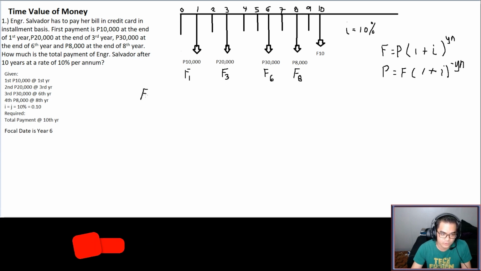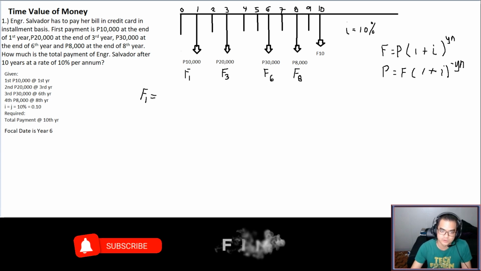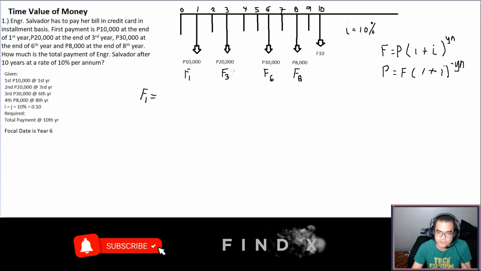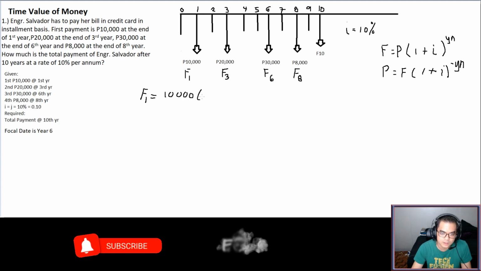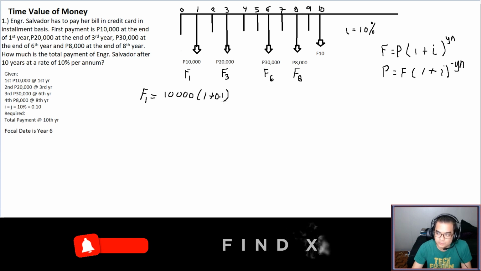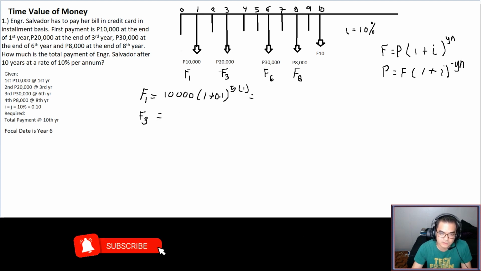For F1, again, we'll be bringing this into 6 here. So this 10,000 is going right. Therefore, the exponent must be positive. So that is 10,000 times 1 plus 0.1 raised to positive, and that is from year 1 to year 6. That is 5 years, okay? And we will have a value for that. We'll be solving that later on. So let's have F3 now. So F3, that is again 20,000.